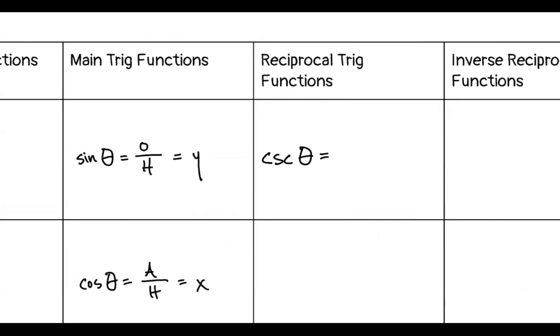And what are two ways that we can write cosecant theta? Perfect. Hypotenuse over opposite is one. And alternatively? 1 over y. Perfect. 1 over y.